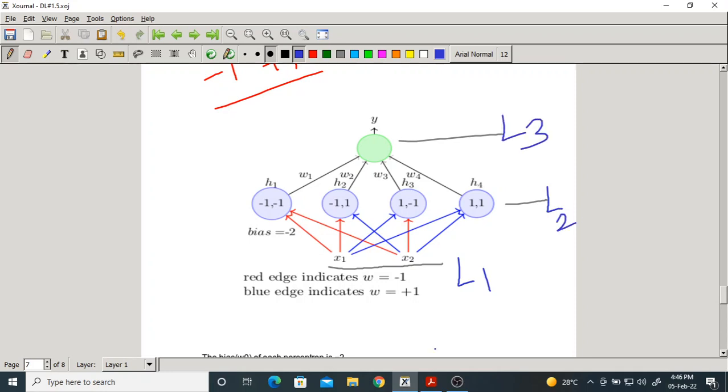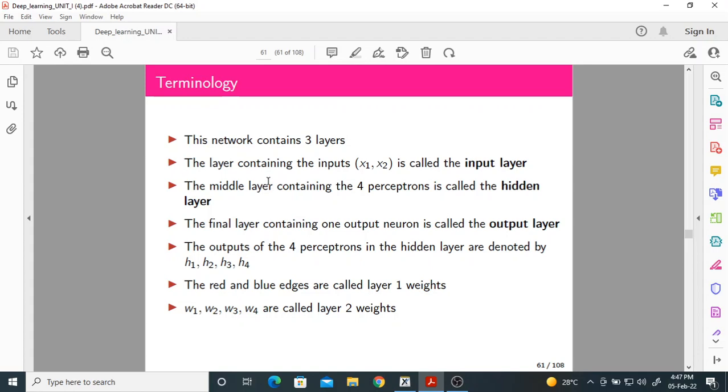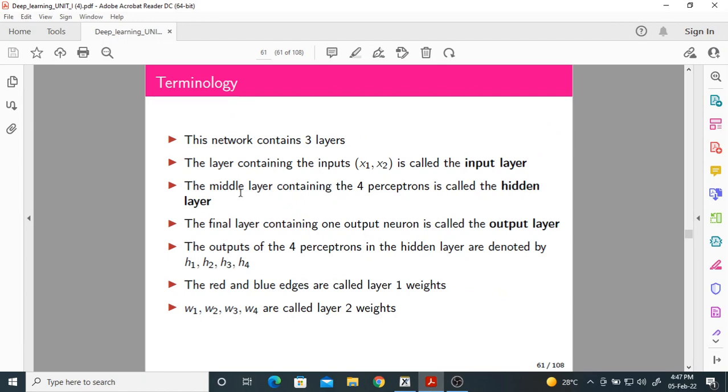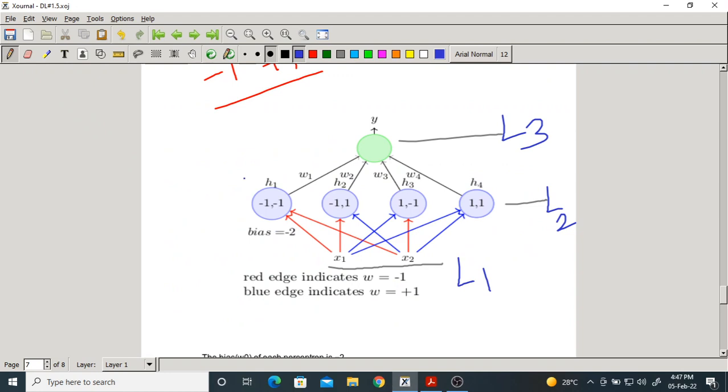The layer containing inputs is called the input layer. Very simple. This layer which contains inputs, how many inputs? 2 inputs. It's called the input layer. The middle layer containing the 4 perceptrons is called the hidden layer.